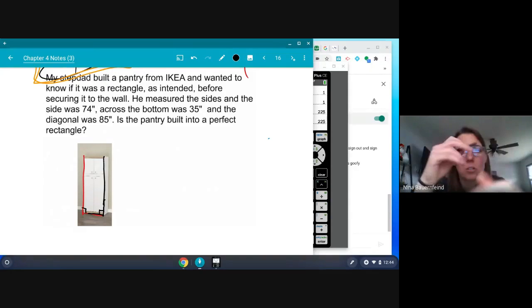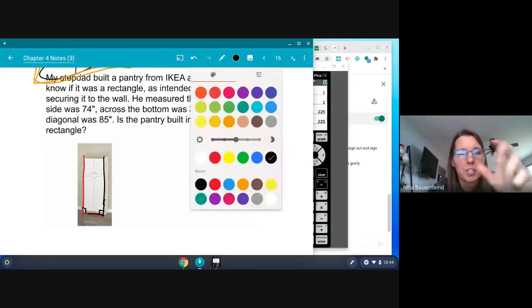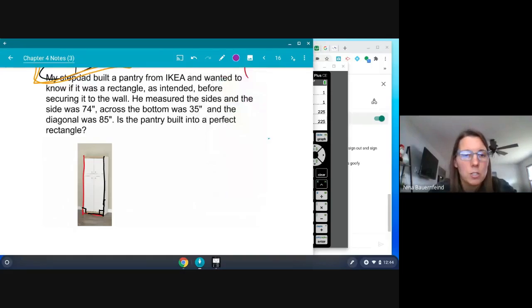So we measured the diagonals. This is a slight twist. What we actually did is we just measured this and we measured this. When those two purple lines are the same length, it means everything is perfect. Everything is good. We were okay.